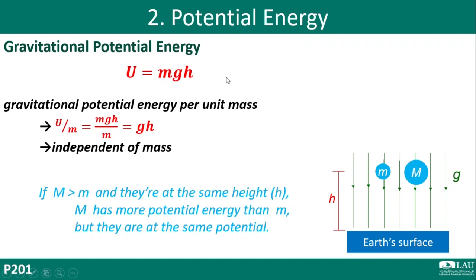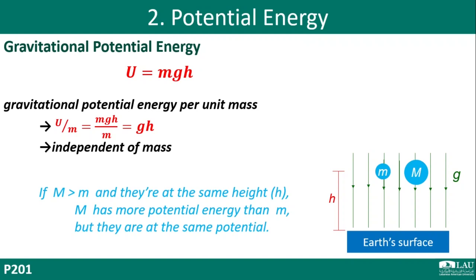So the gravitational potential energy per unit mass is U, the gravitational potential energy, divided by the mass, which is gh. As you can see, the potential is independent of the mass. As you can see, capital M and the small m are at the same height h, but they don't have the same mass.